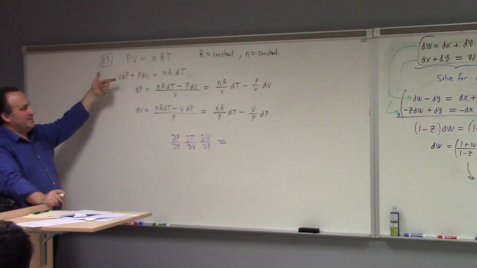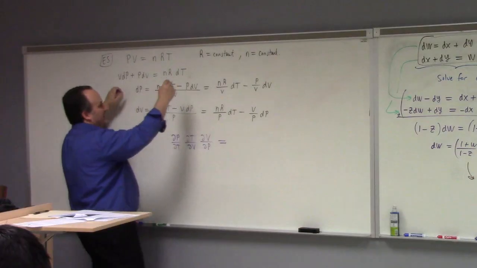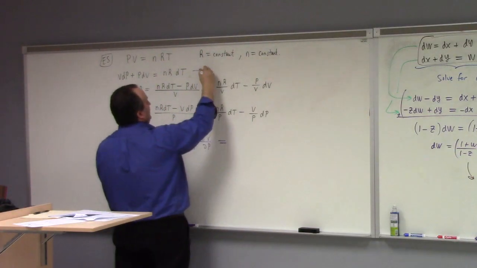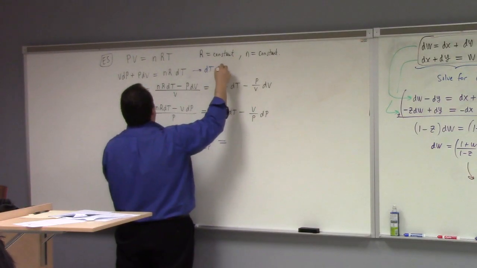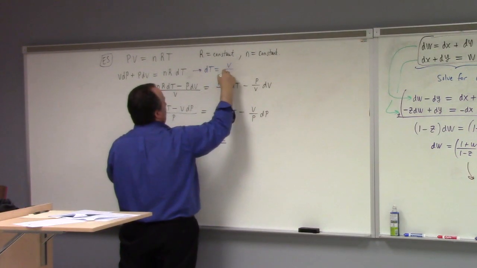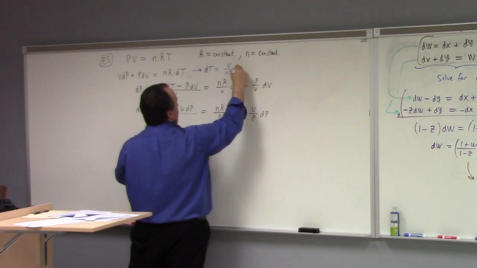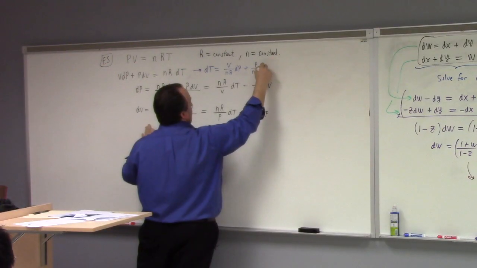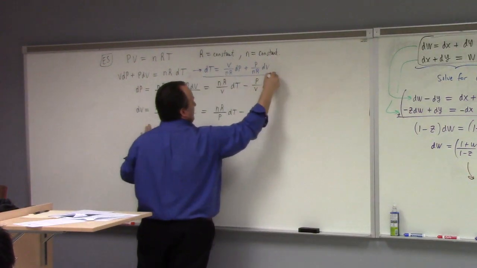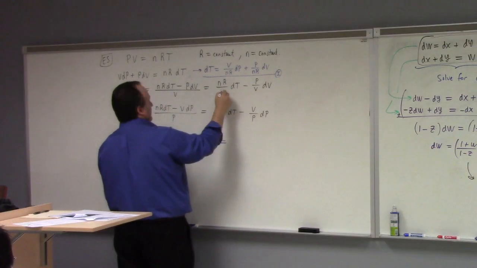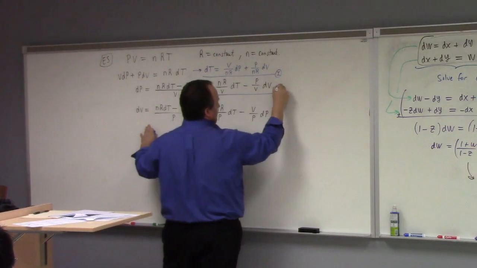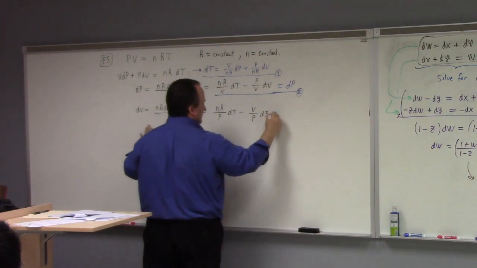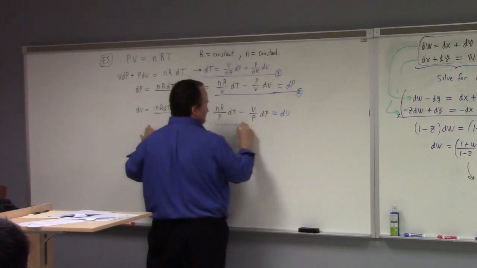If we solve for dT here, what would we get? dT is V over nR dP plus P over nR dV, right? So let's call this 1, this one 2, and this one, for the sake of reference, 3.